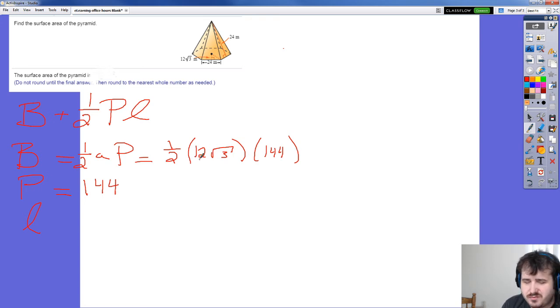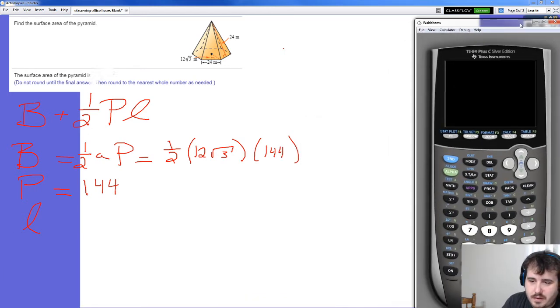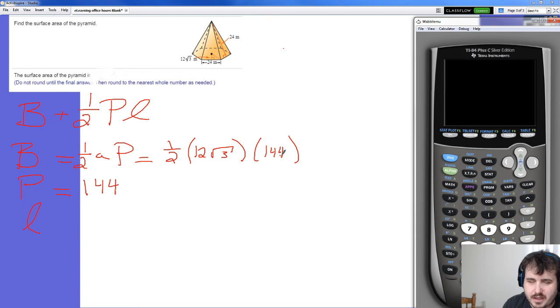In the process of doing all of this, I'm still going to leave this radical 3 alone. Even if I have to use a calculator, I'm not going to crunch radical 3, because that's going to turn this into a really ugly decimal, and I don't want to do that yet.